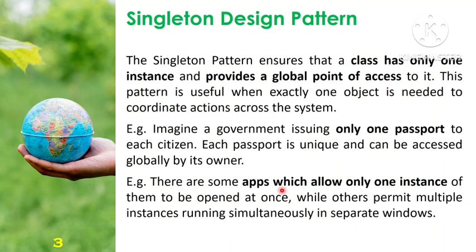So let's have one more example related to computers and all. It's also a real life simple example, not going into the details of development and all. There are some apps, right, that allow only one instance of them to be opened at once, while others permit multiple instances running at the same time. So you might have noticed, let's say a football game, for example, eFootball or whichever game you like.